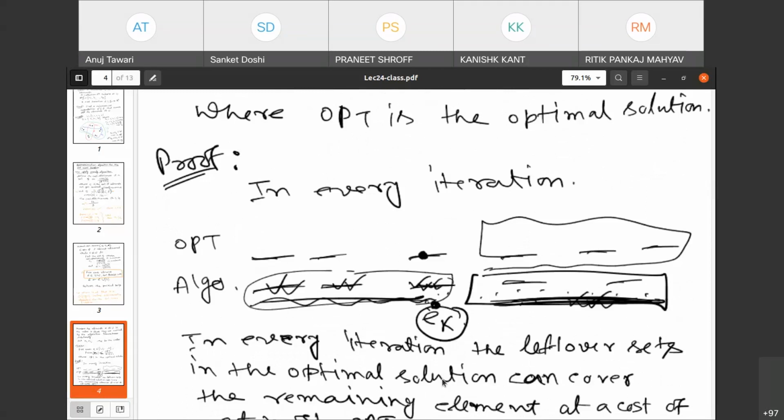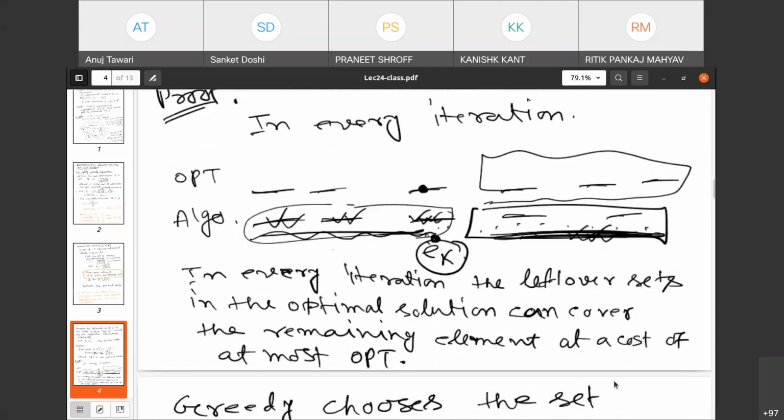And what we want to say is that in every iteration, the leftover sets in the optimal solution can cover the remaining elements at a cost of at most OPT. Let's say we have covered the first k elements. The optimal solution may cover them in some different way, using some different set of subsets.